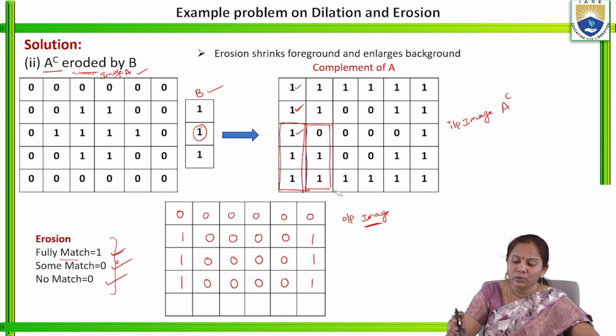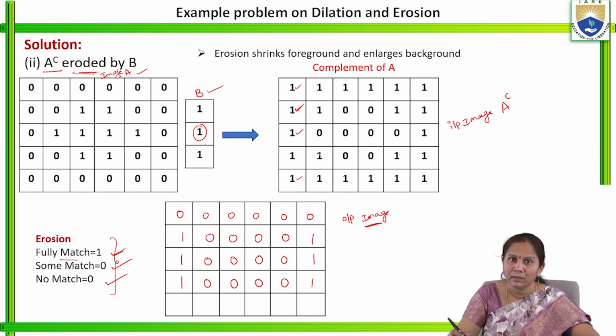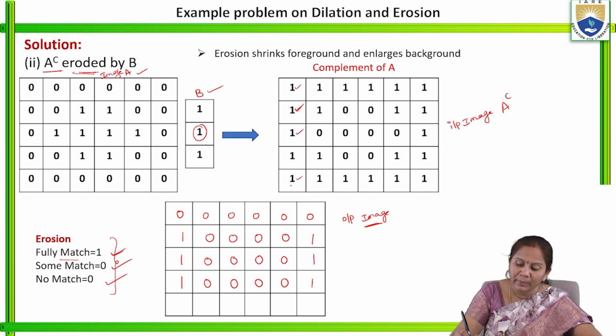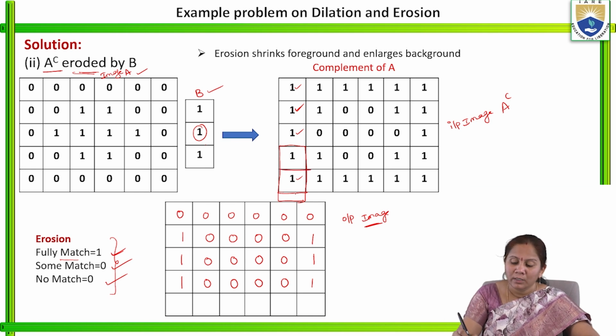Now, to find the elements of the last row, if we place this B on this image A, making this last value the origin, the structuring element will look like this. So the last element will be vacant.